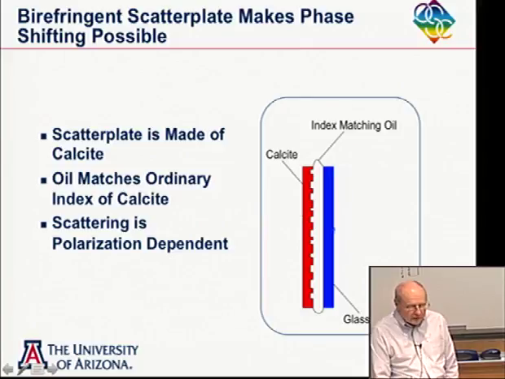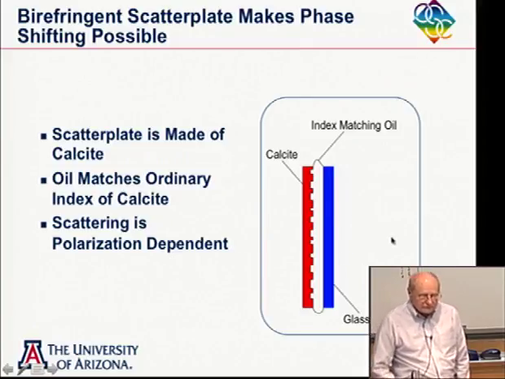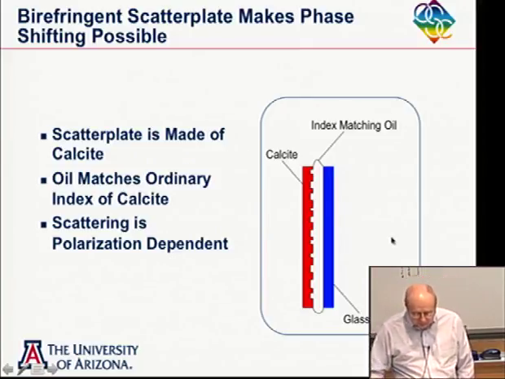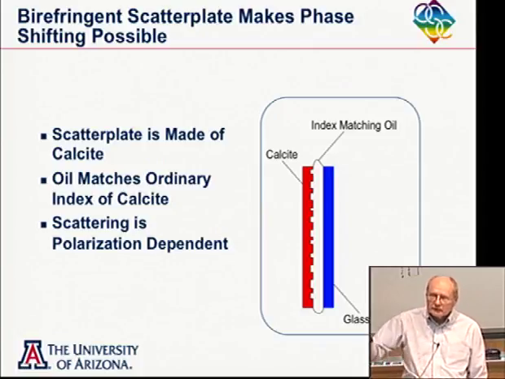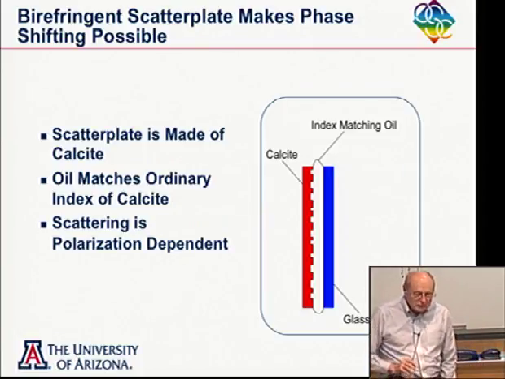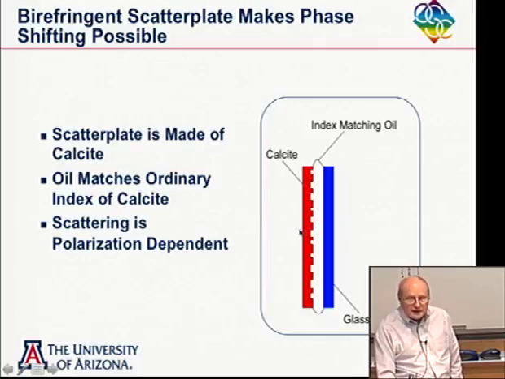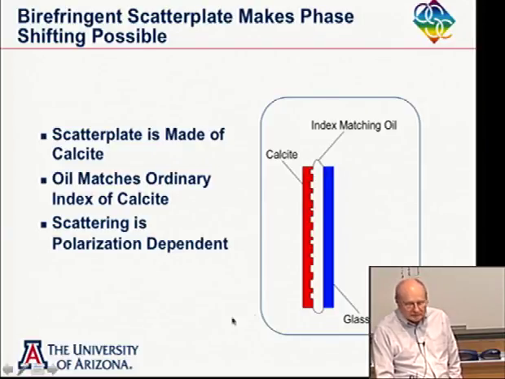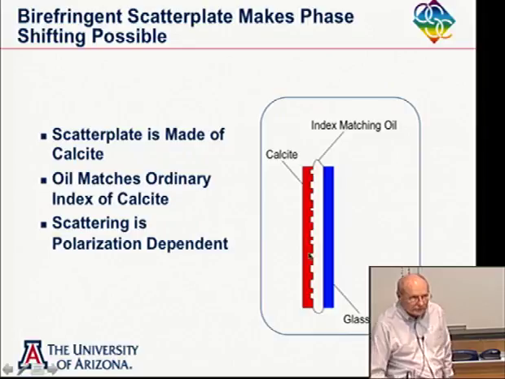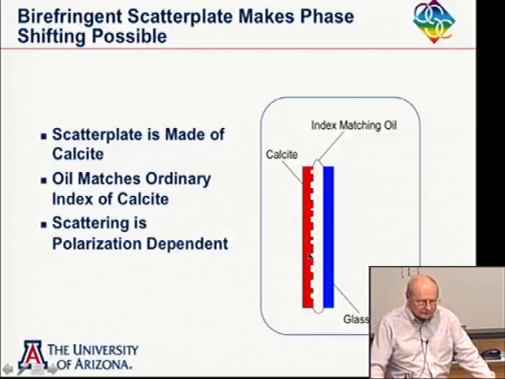And so when I illuminate this with, say, S component polarization, the light will scatter. But when I illuminate it with P, say, these height variations are index matched out, and the light will not be scattered. So this will scatter one state of polarization, but not the orthogonal state.